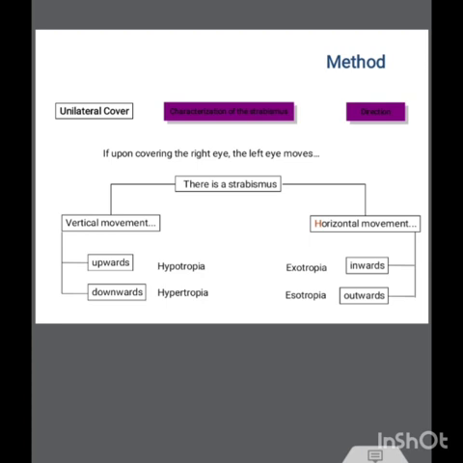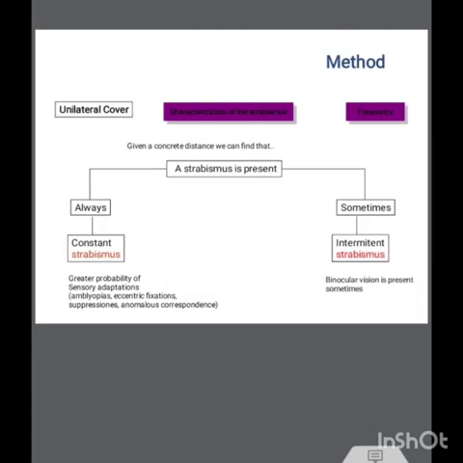If the eye moves inwards, that is exotropia, and if the eye moves outwards, that represents the presence of esotropia. But in vertical movement, if the eye moves upwards, that indicates the presence of hypotropia, and if the eye moves downwards, that indicates the presence of hypertropia.